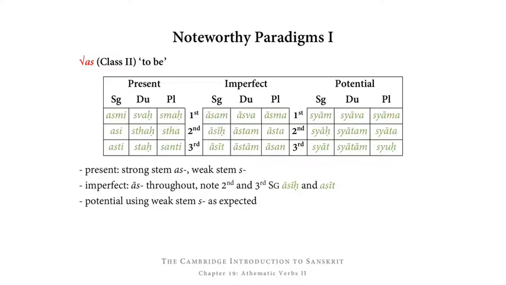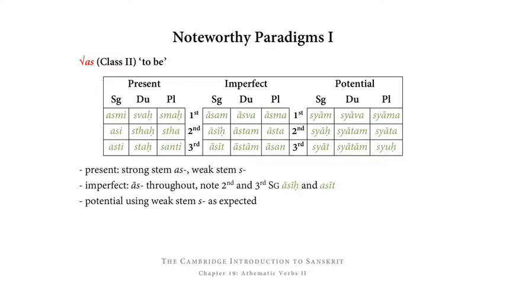So we have the stem as, we have the endings visarga and t for the second and third singular respectively, and in between those we have appearing this long e. So we have asam, asich, asit, aswa, astam, astam, and then in the plural asma, asta, and asan.